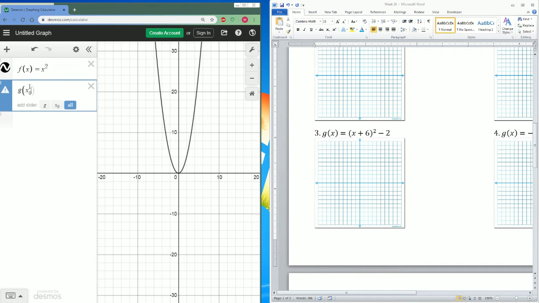G of x is equal to, I want to do x plus 6, parentheses squared, then I'm going to minus 2. Notice I went to the left, right? The new vertex is negative 6 and negative 2. So I went to the left, negative 6, and down negative 2. So there you go.